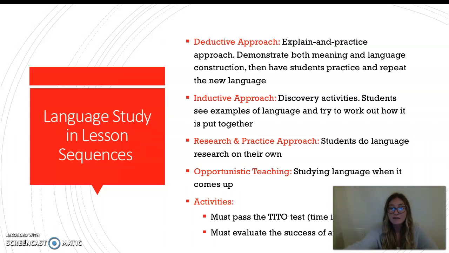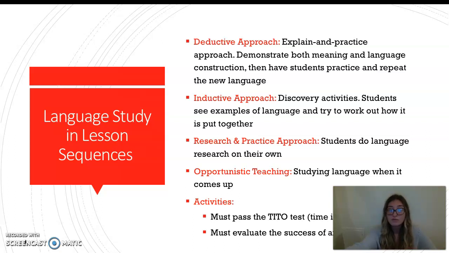We'll also have an inductive approach. Now, these are discovery activities, so the students see examples of language and try to work out how it is put together. This is arguably a more effective approach because they have to cognitively think a little more and find things out on their own rather than being told an explanation. So we have the research and practice approach.